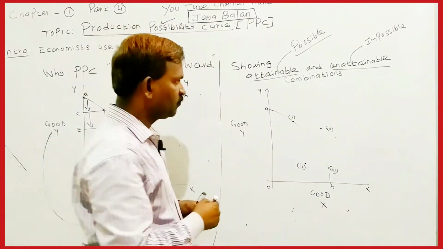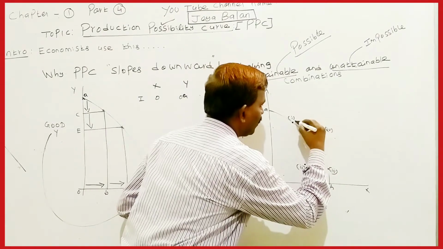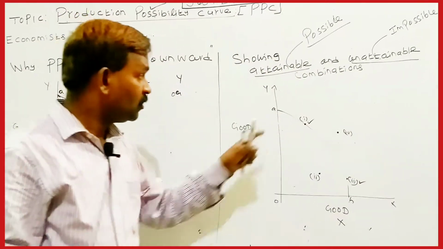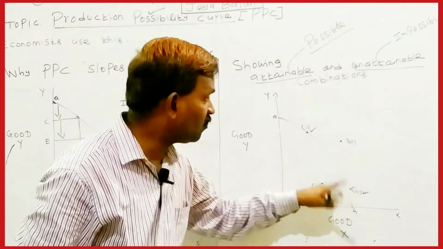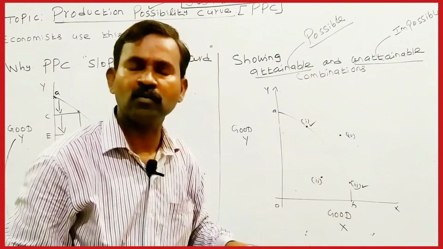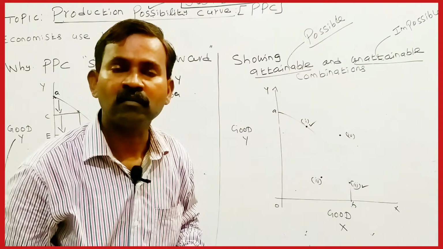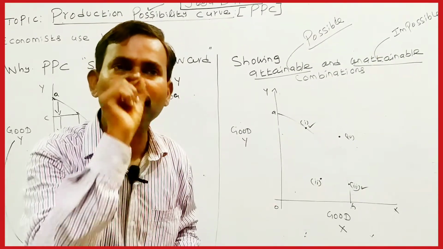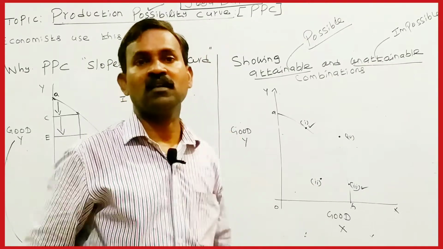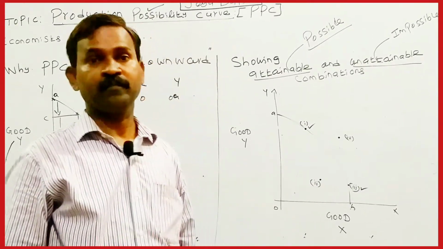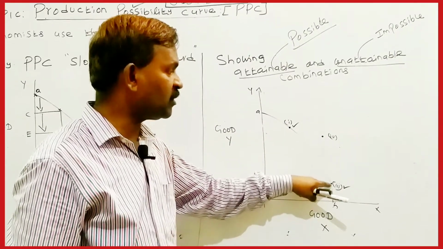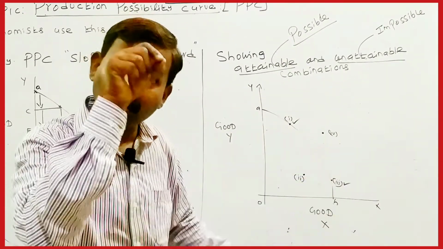Now you see, what do you understand by point number 1 and point number 3? There is something common for point number 1 and 3. What is the common thing of point 1 and 3? Both are plotted on the PPC. Point number 1 is plotted on the PPC and point number 3 also is plotted on the PPC.